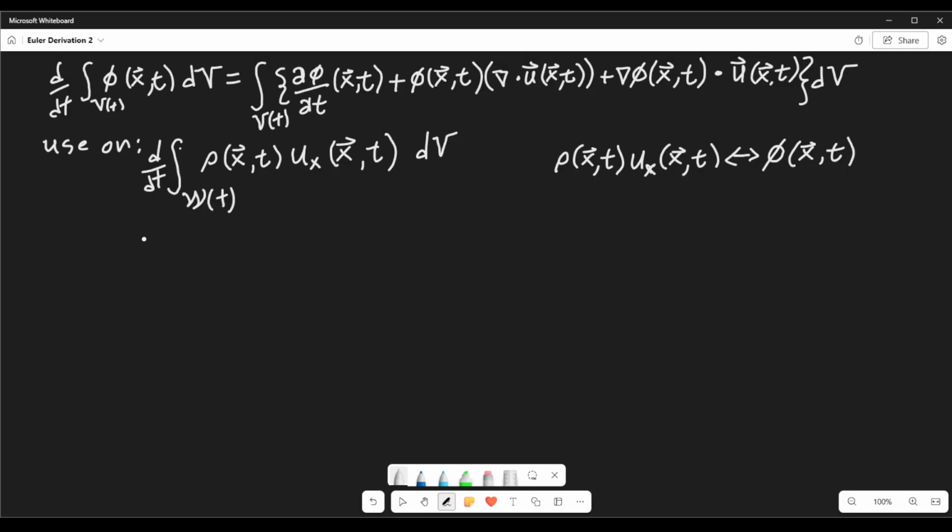Basically it has this thing and this thing, this d/dt term of the blob that depends on time, this will simply be converted using the Leibniz rule.